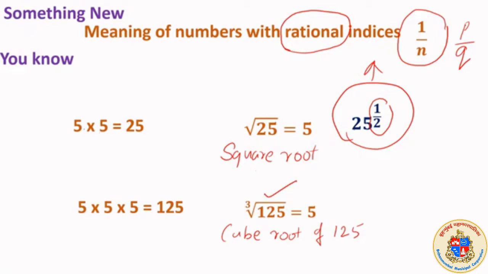That is, 5 into 5 into 5 is 125. Cube root of 125 means that number which on multiplying itself 3 times gives 125, which is nothing but 5. And we can represent this in the form of rational indices like this. I think the matter is clear to you.